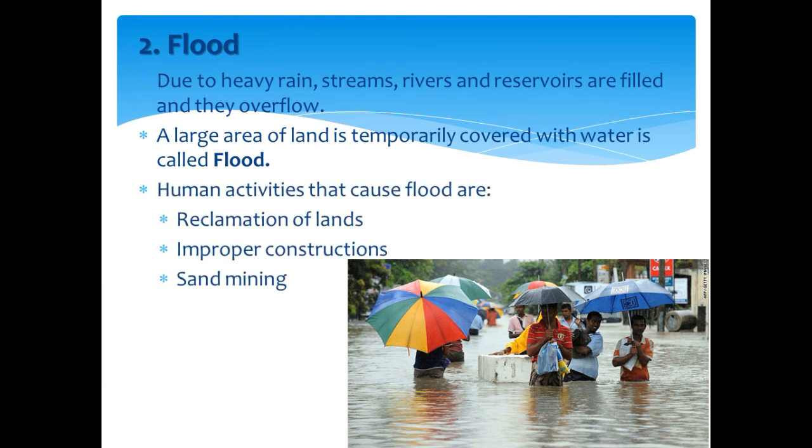Some human activities also lead to floods, such as reclamation of lands, improper constructions, and sand mining. Drought. A certain area gets less than 75% of expected rainfall.